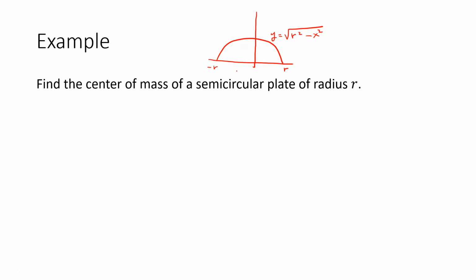We can use the symmetry principle here to notice that because it's symmetric about the y-axis, we know the x-coordinate of our center of mass has to lie on the y-axis. It's probably going to be somewhere around there. So by the symmetry principle, we know that x bar equals 0. We don't need to worry about computing that one. Let's focus on computing y bar.